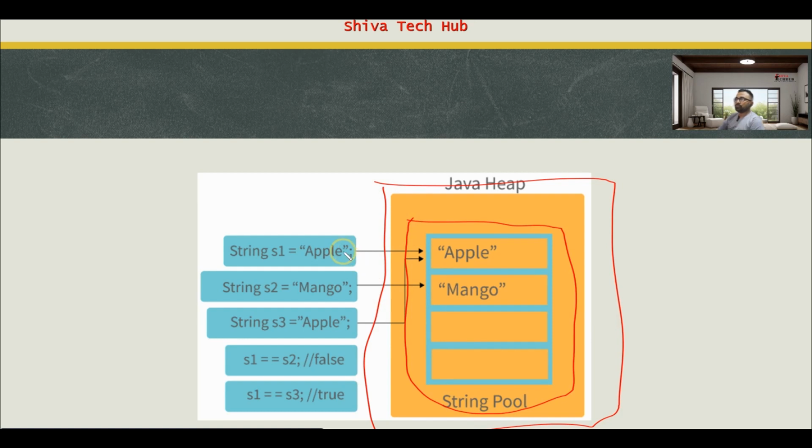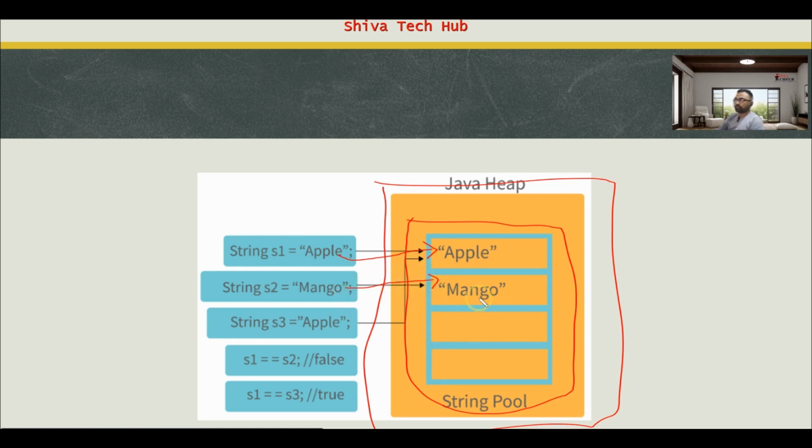Whenever we create a string apple, initially it checks if this is present or not. Since initially the string pool will be empty, it stores the apple that is present in S1 into the string pool. Then for the second string, it will check if mango is present or not.